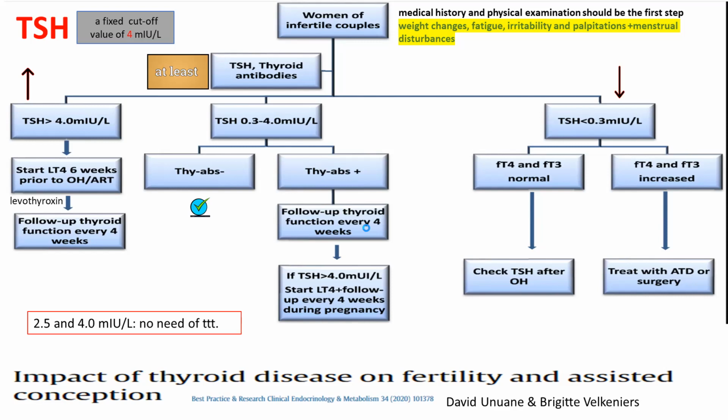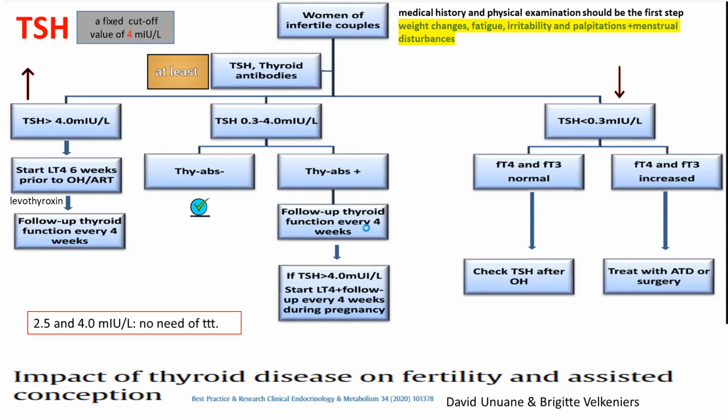And according to the result, you can divide the patients. Has TSH more than 4? So this is suggestive of hypothyroidism, and you have to start levothyroxine for 6 weeks prior to ovulation stimulation or ART, and follow up thyroid functions every 4 weeks.